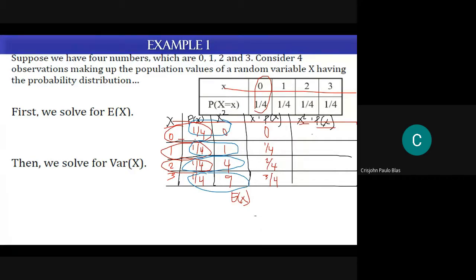Una ay 0. Pangalawa ay? Michael, open your mic. Nasaan ka na? 1/4, sir? 1/4. Very good. 1 times 1/4 is 1/4. How about 4 times 1/4?